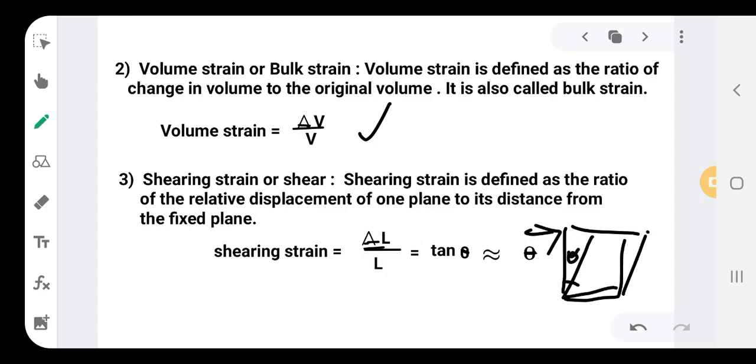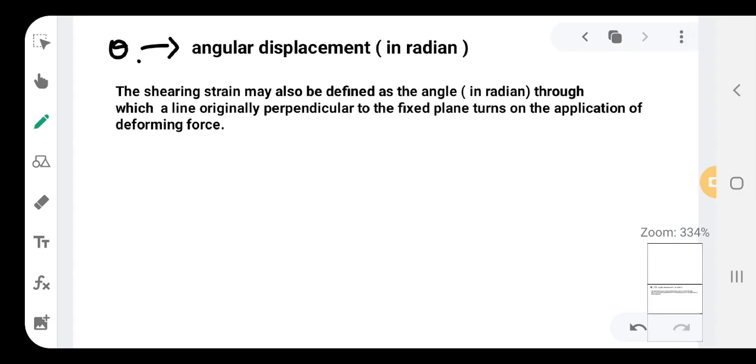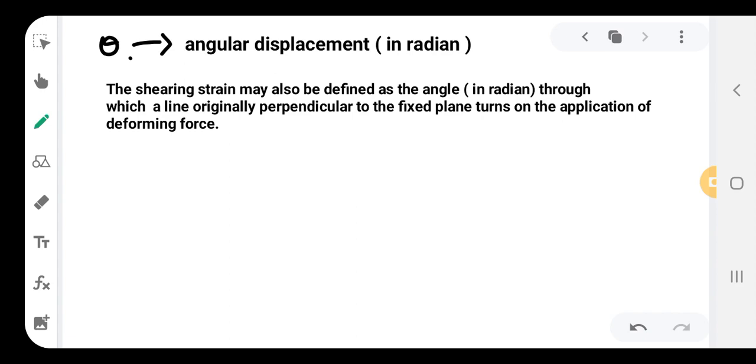So delta L by L equals tan theta, approximately theta. This is the shear strain. Okay, now let us go to the next slide. Theta is the angular displacement. It is measured in radians and is defined as the angle through which a line originally perpendicular to the fixed plane turns on the application of the deforming force.